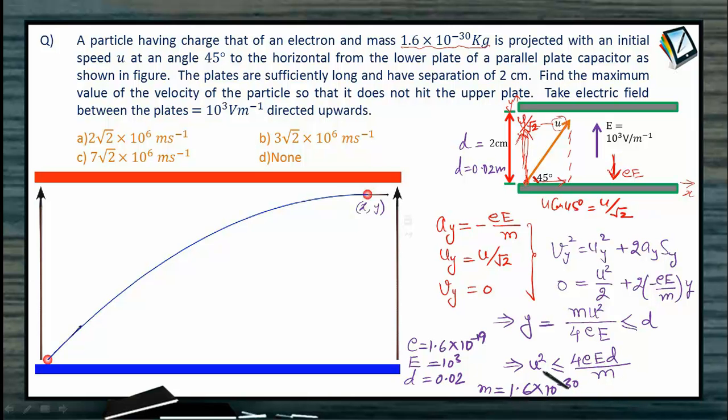You can easily calculate the maximum. It was asked for the maximum possible value of u. So u should be less than or equal to this value, meaning this is the maximum possible value of u. Just calculate it and you will get the answer to be 2 root 2 × 10^6 meter per second. So option A will be the correct option.